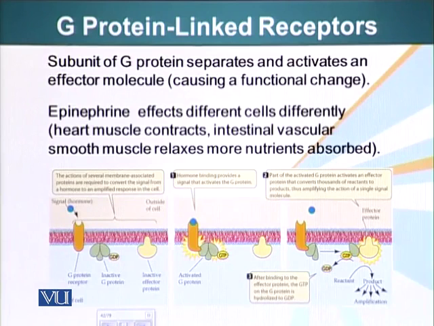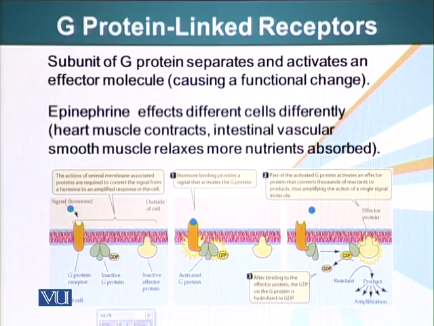So one of the ligands for G protein linked receptors, coupled receptors, is epinephrine, also called adrenaline. When adrenaline binds its receptor, it causes different effects in different tissues, which we have talked about.